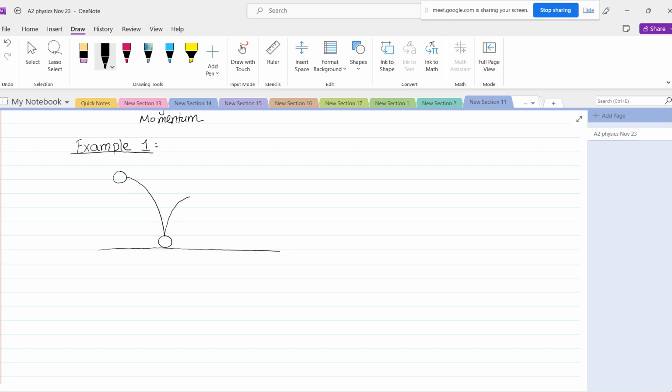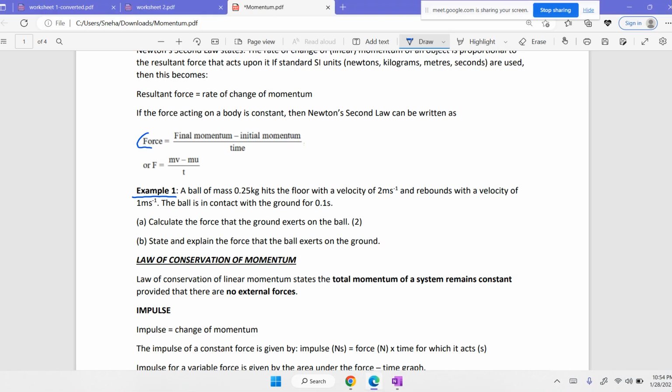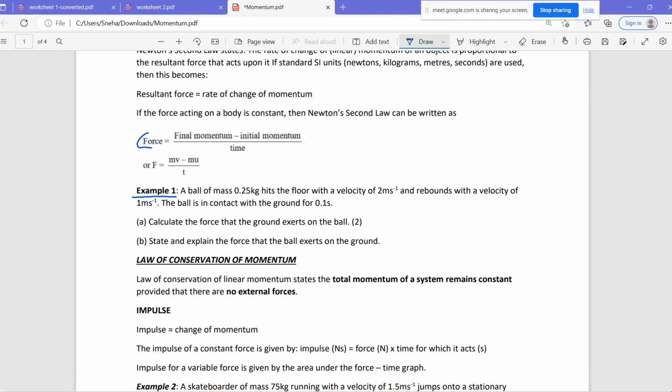It was thrown from a certain height above the ground, and then it hits the ground and again rebounds at a different speed. The mass of the ball was 0.25 kg. It hits the ground with a velocity of 2 and rebounds with a velocity of 1.